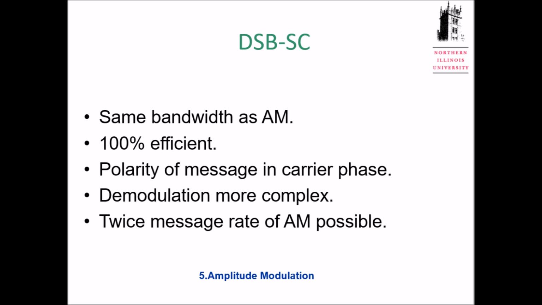Every time your message passes 0, there will be a phase reversal, phase change. Demodulation is way more complicated compared with large carrier. So we have a mixer, a low pass filter, and for the mixer, we have a phase lock loop and reference extraction. Twice the message rate, so my bandwidth is still twice that of my original signal.